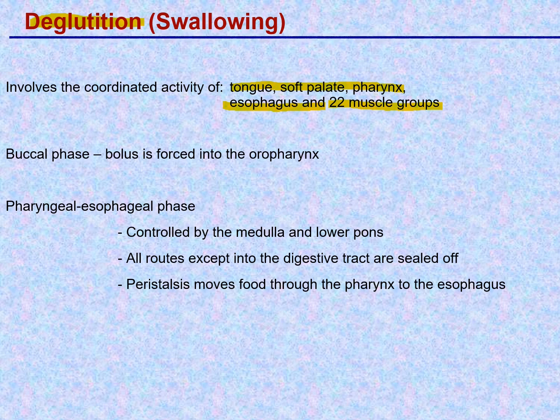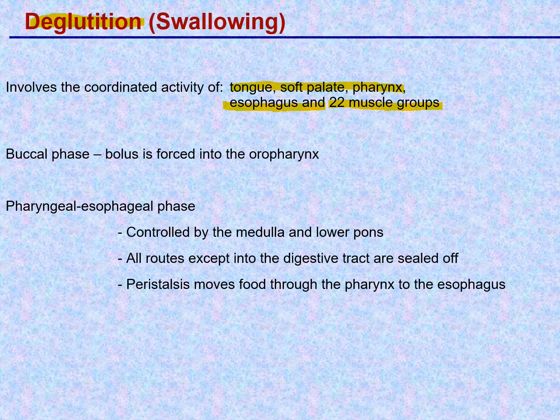As you swallow something, it all has to act in the right sequence of events, which is why often people who have a stroke can have trouble swallowing, which is a problem, because if they can't swallow properly, they could take food or fluid into their trachea, and that's a problem.